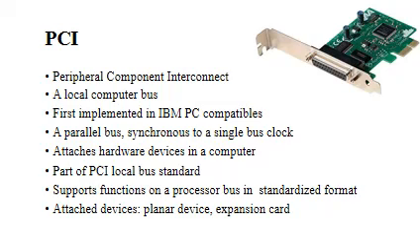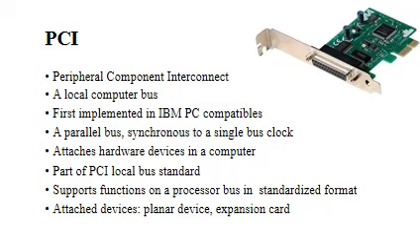The PCI local bus was first implemented in IBM PC compatibles, where it displaced the combination of several slow Industry Standard Architecture slots and one fast local bus slot as the bus configuration. Configuration address space gives the PCI its plug and play capability.